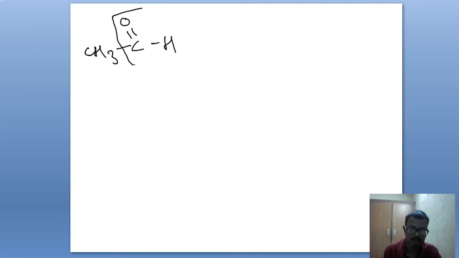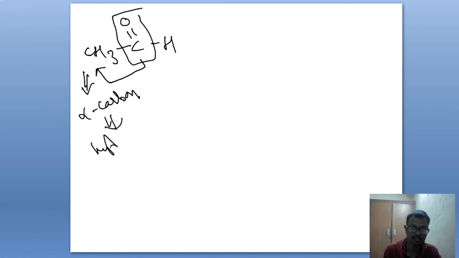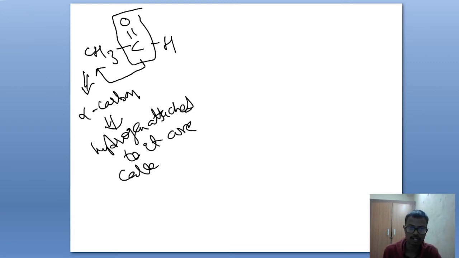This is the carbonyl functional group. The carbon attached just next to the functional group is called the alpha carbon, and the hydrogens attached to it are called alpha hydrogens.